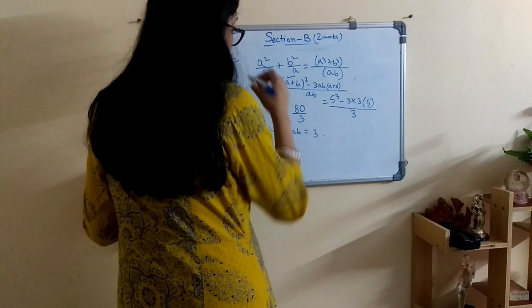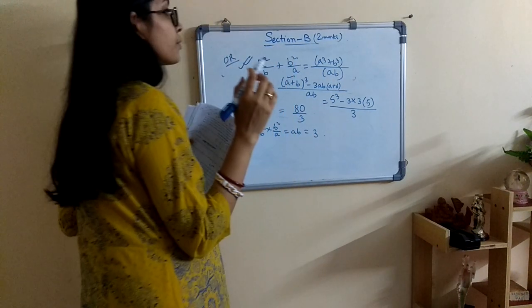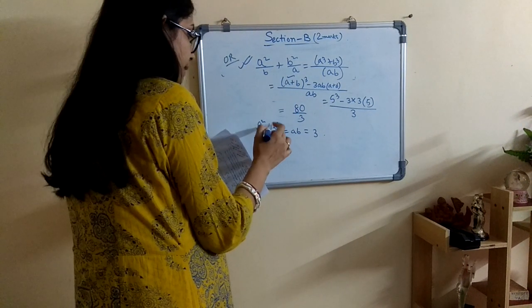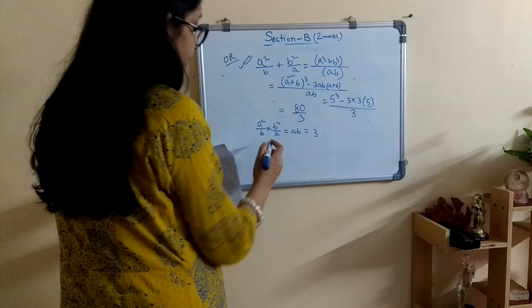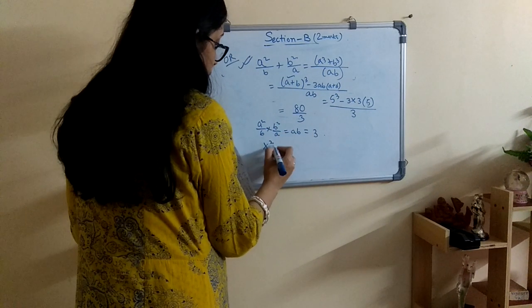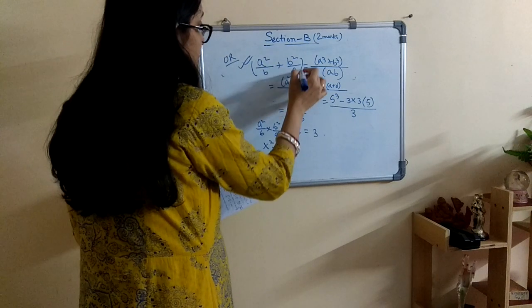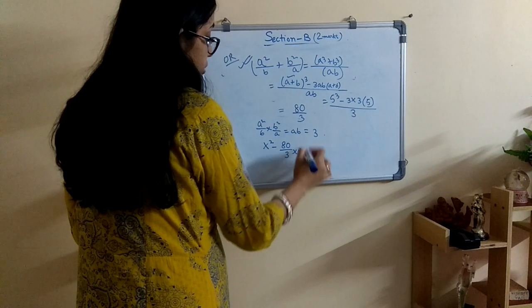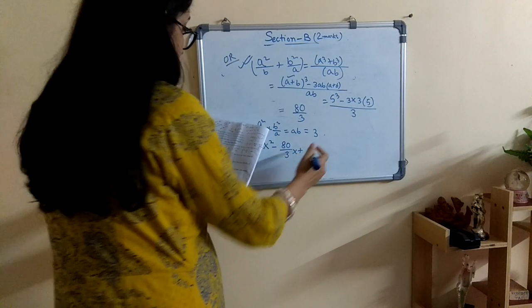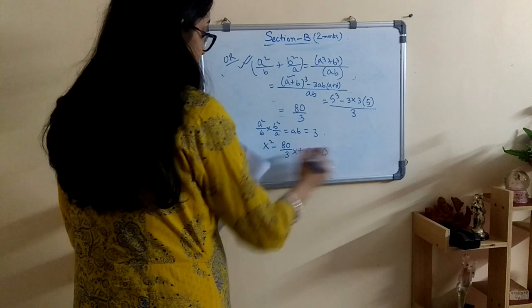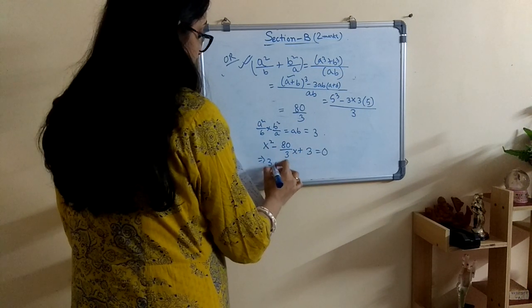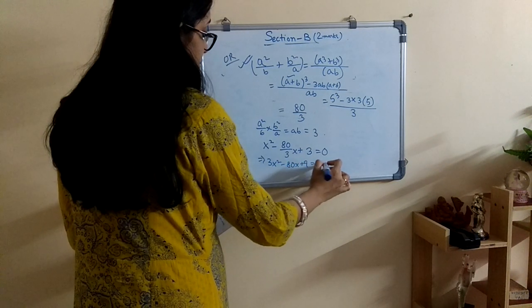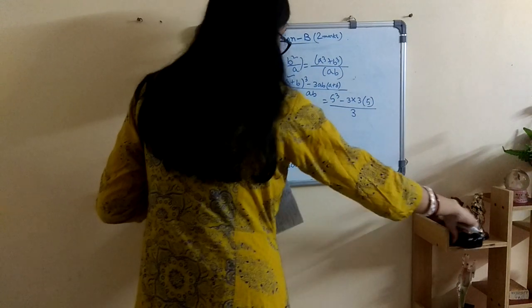So now, if we are provided with the roots of the equation, then by adding the two roots and multiplying the two roots, we can form the quadratic equation as x square minus the sum of the roots, which is 80 by 3 x, plus the constant, which will be what? The product of the roots. This equals 0. So 3x square minus 80x plus 9 is equal to 0. This is the answer for this question.